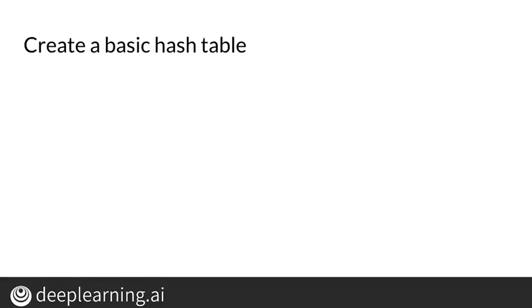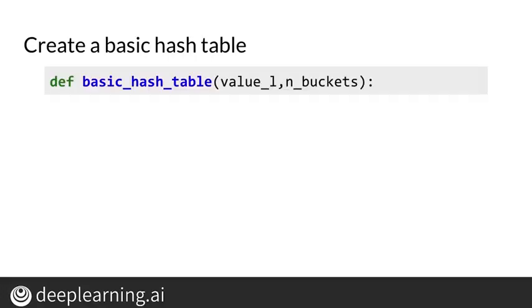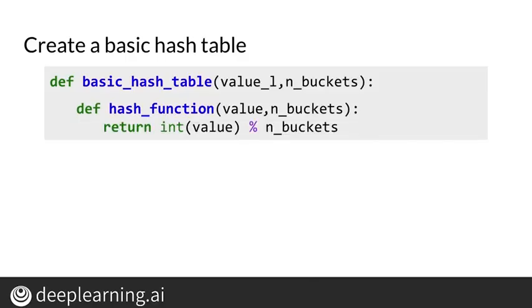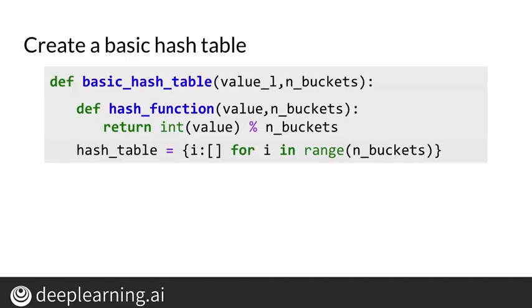Now let's build a basic hash table in code. Here's a definition of a function that takes in a list of values. You can think of each value as a one-dimensional vector. It also takes in the number of buckets. Define the hash function using the modulo operator. Then you create the hash table. Notice that this is a dictionary comprehension.